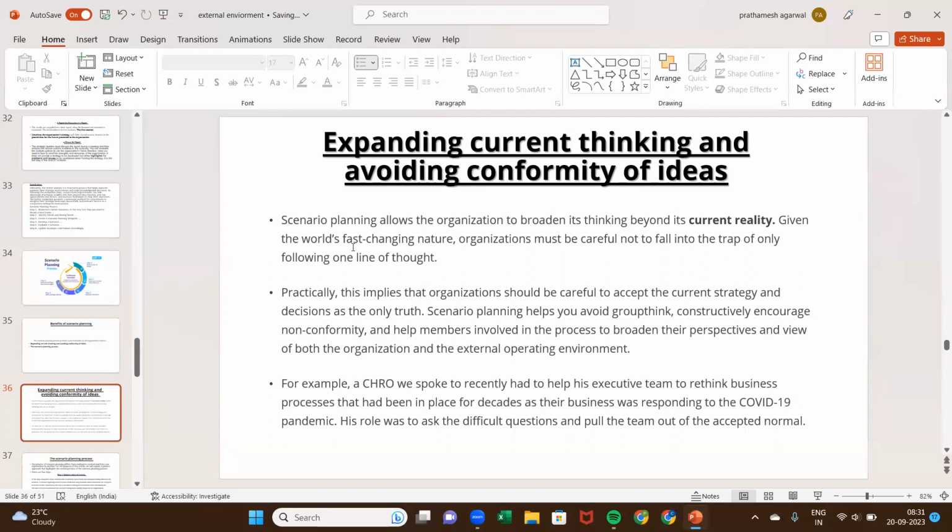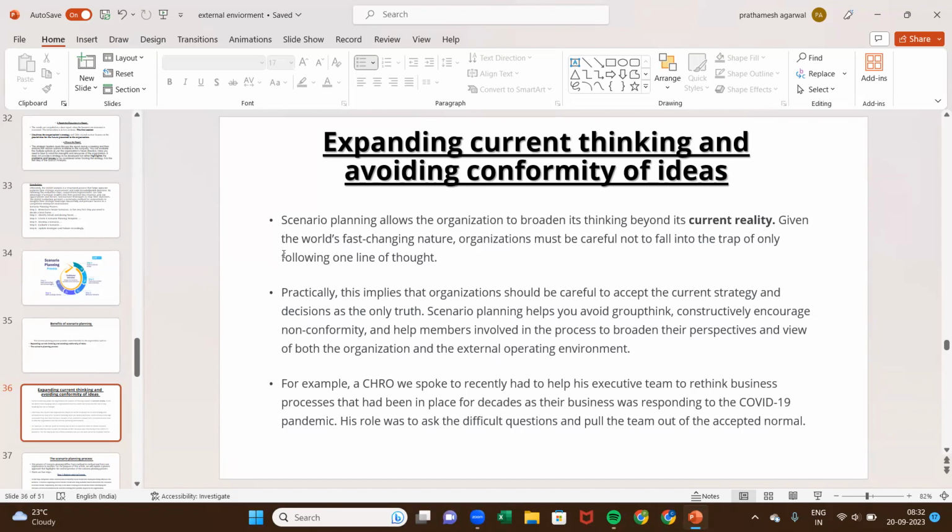Given the world's fast changing nature, yes, as we say, the external environment is very dynamic, organizations must be careful not to fall into the trap of only following one line of thought, right? So everybody says, I'm working on earthquake. The organization should not follow the same trend.